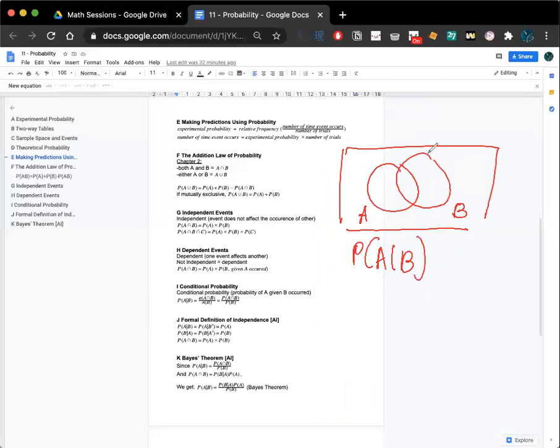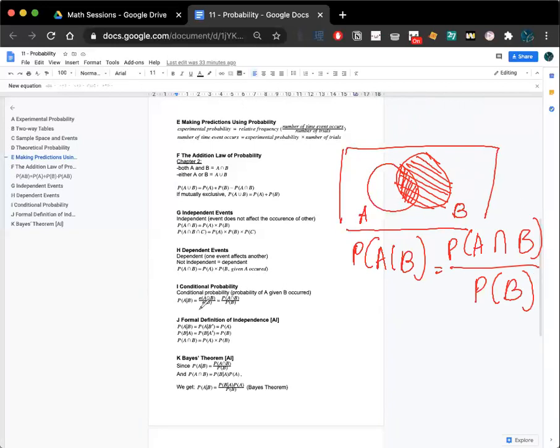Basically, what it asks you is the chances of A when B is occurring. And this is denoted by P(A intersection B) over P(B).